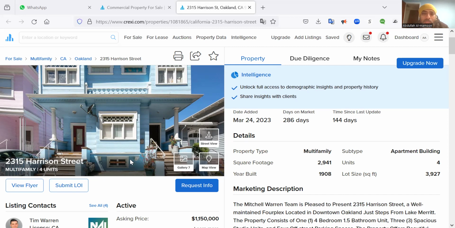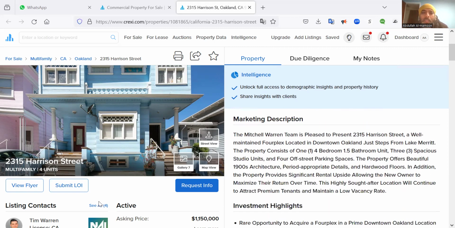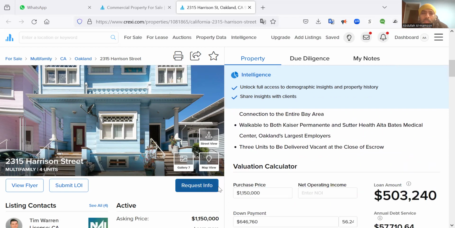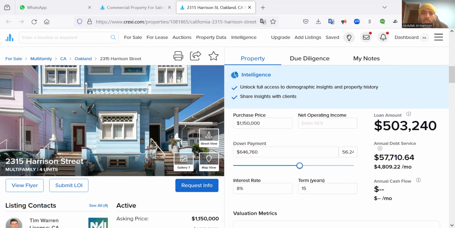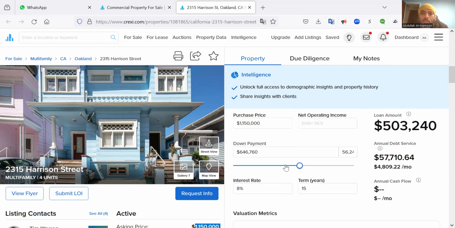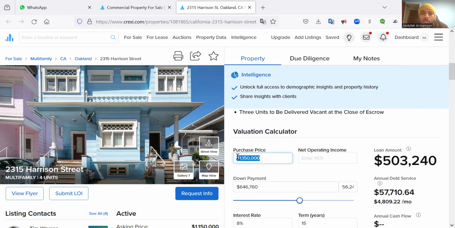And everybody wants those things, but it's not really like that. Okay, let's be real. Anyway, looking at an example property, this property right now is priced at $1.15 million in the Oakland, California neighborhood.